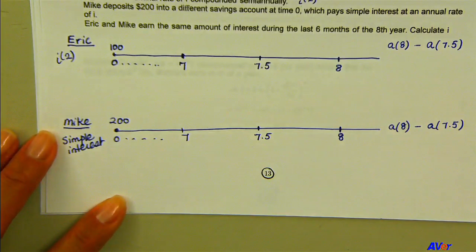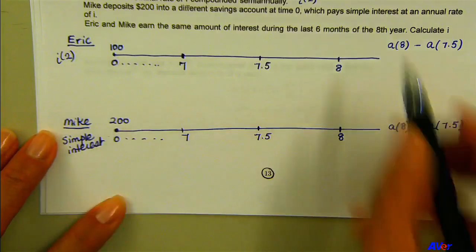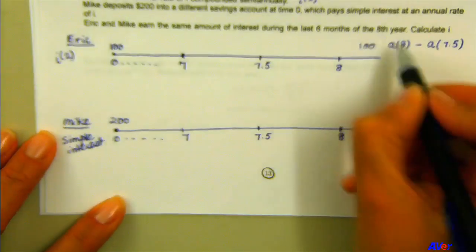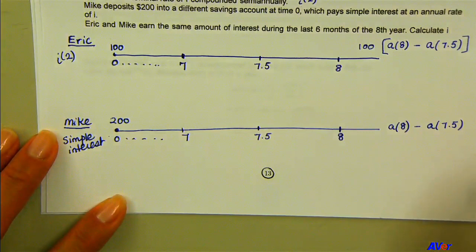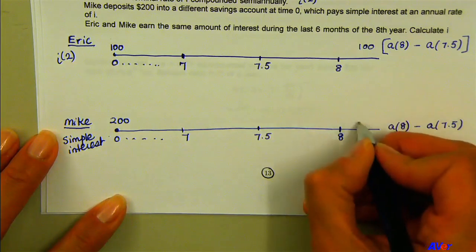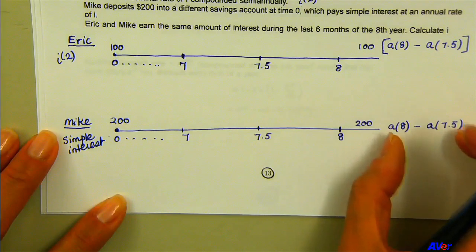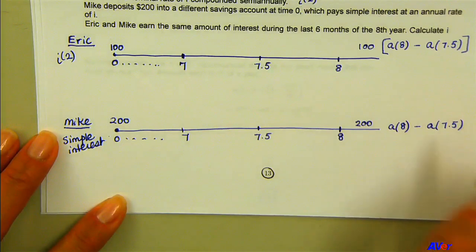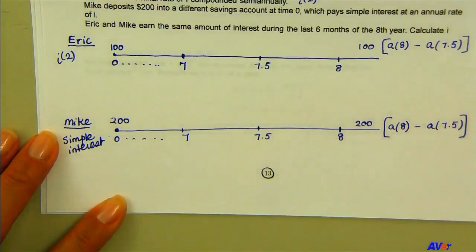And then, of course, I have to remember that this guy starts with $100 and this guy starts with $200. So how about 100 times A of 8 minus A of 7.5 for Eric? And 200 times A of 8 minus A of 7.5 for Mike. Does that make sense? So what is A of 8 and what is A of 7.5 for Eric?